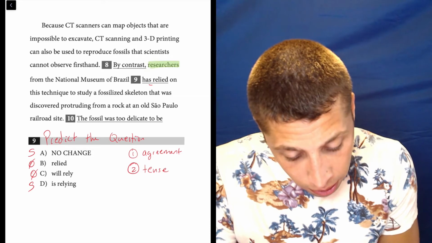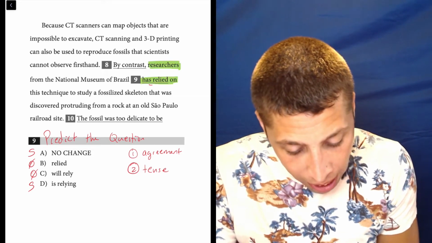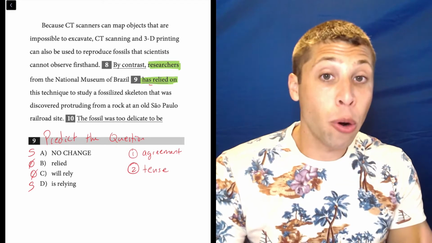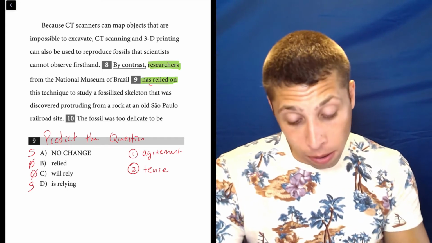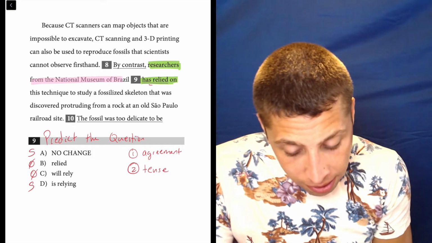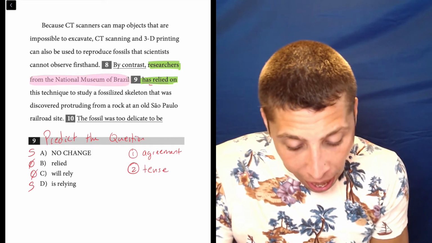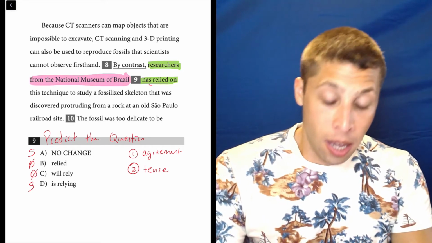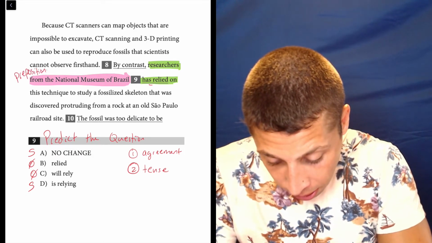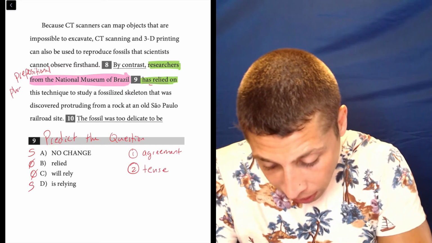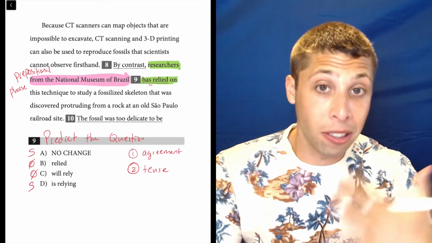Let's do this here. The researchers has relied. Now, how do I know that? Well, because I know the agreement rule very well, I know that phrases like this have to be ignored. This is a prepositional phrase. And what that means is it's an extra clause, a little bit of extra information.